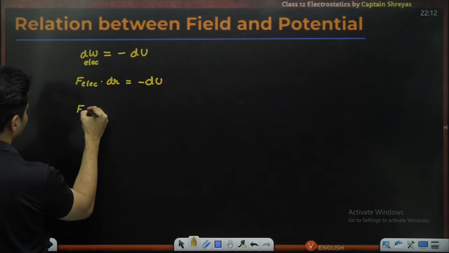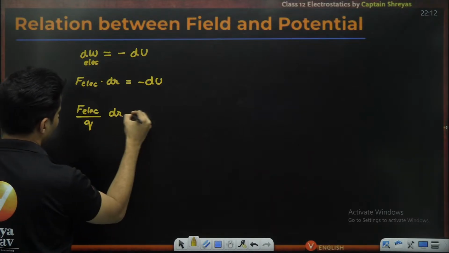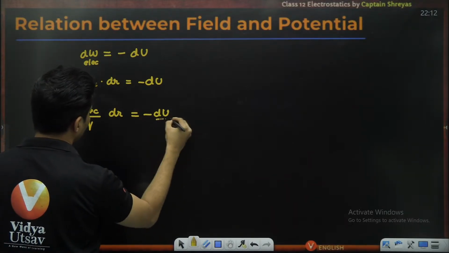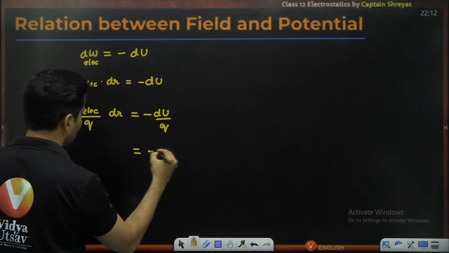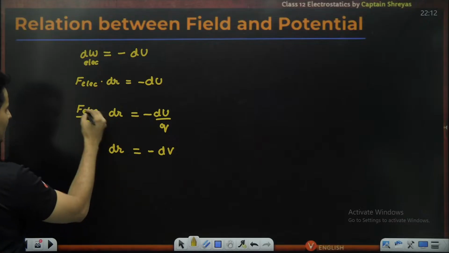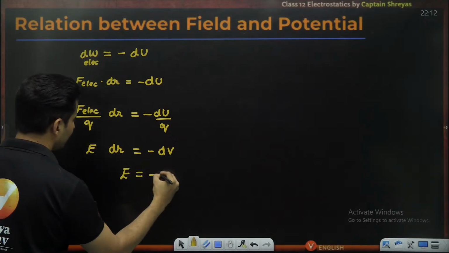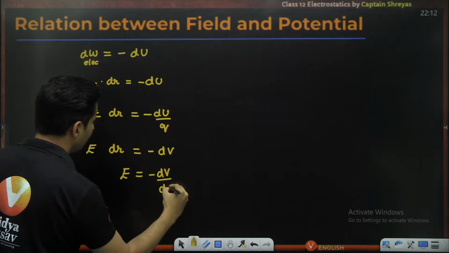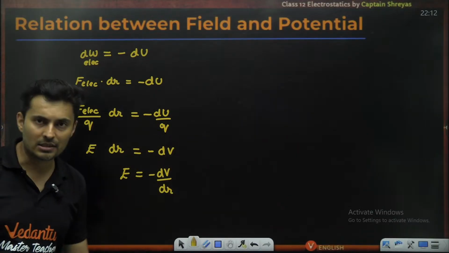So if I divide the electric force by the charge, and divide the potential energy by the charge, this potential energy per unit charge is nothing but potential. This is displacement, and this is the field. So I will get field is negative dV by dr. This is the simple derivation of it in case you are interested.